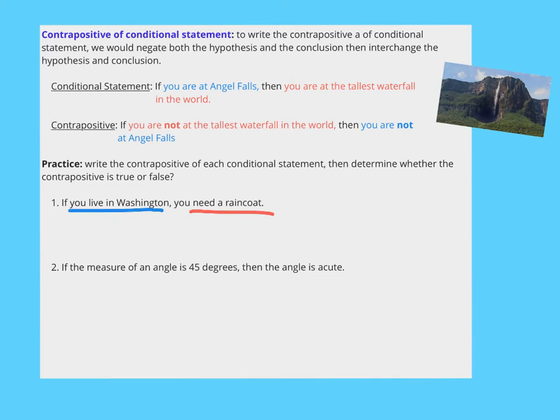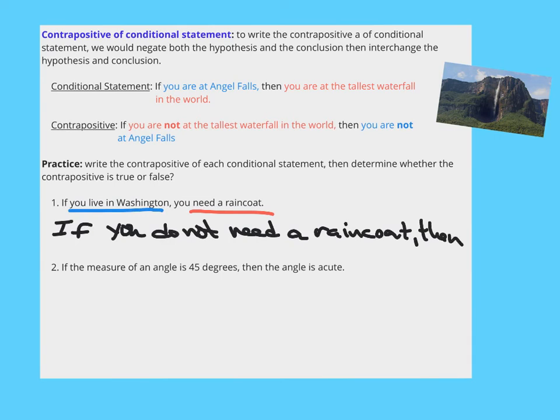So our contrapositive would look like: if you do not need a raincoat, then you do not live in Washington.